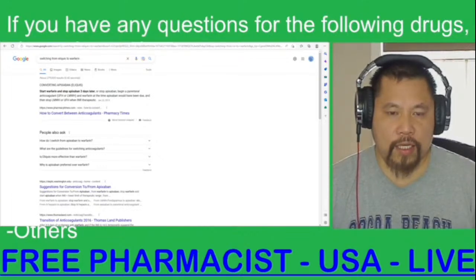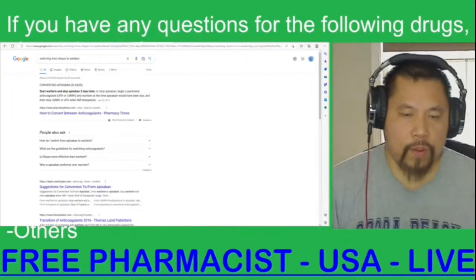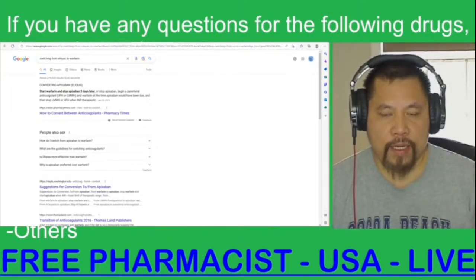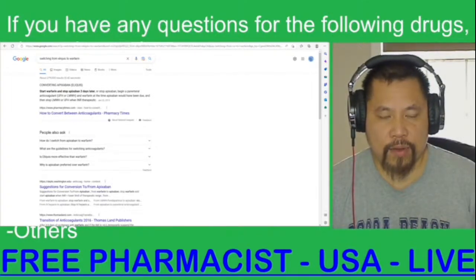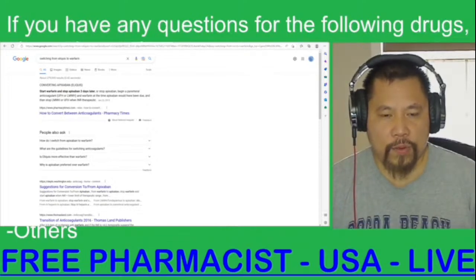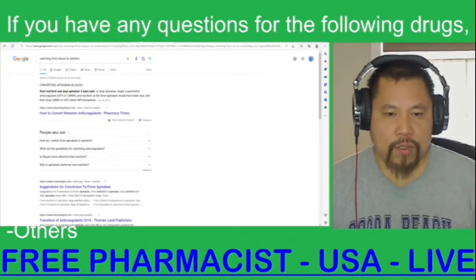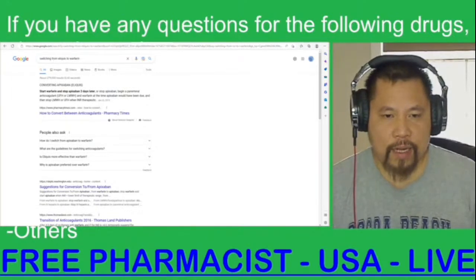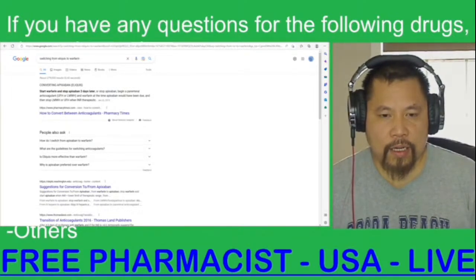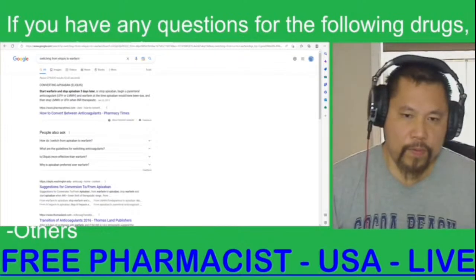In that case, if you want to switch to warfarin, you probably need to make sure warfarin is at a therapeutic level, because it takes about 3 to 5 days to get into the therapeutic level.